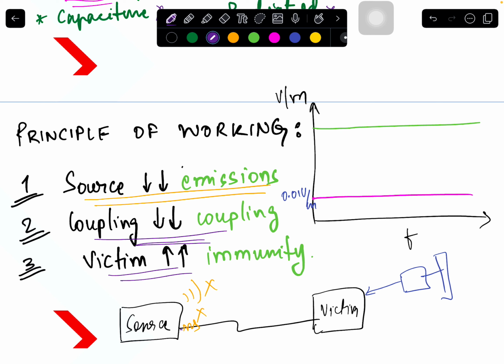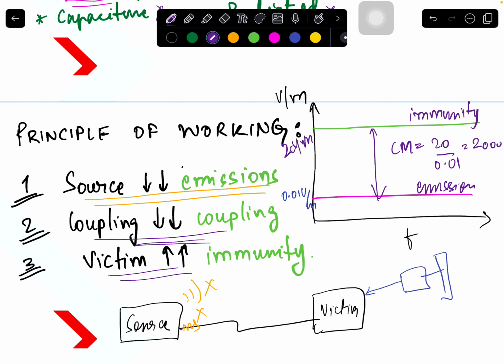By doing this, let us suppose this is 20 volt per meter. What they create is a huge margin between immunity and emissions. This is basically called the compatibility margin, which is your 20 by 0.01, nearly 2000.